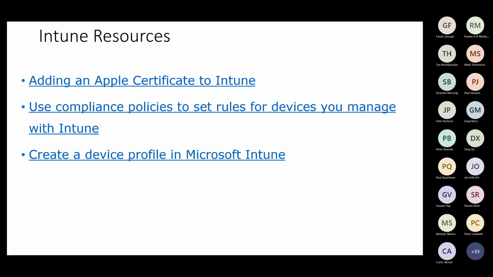Devices that are already joined to Azure AD, what's the easiest way to enroll them? Well, firstly, you'll need to have Intune licenses. And if you're adding Intune licenses after the fact, then you're going to have to do the enrollment probably manually, or unjoin and rejoin.